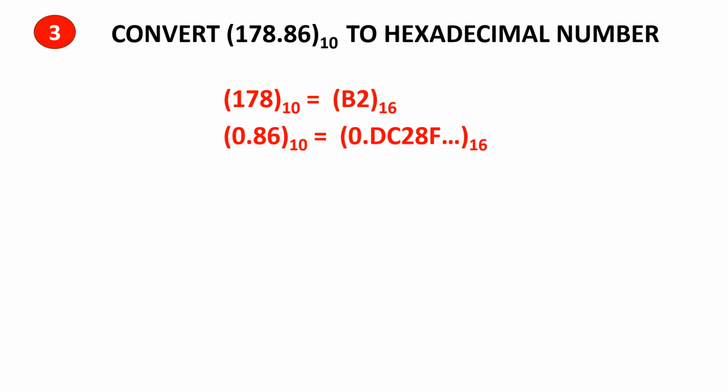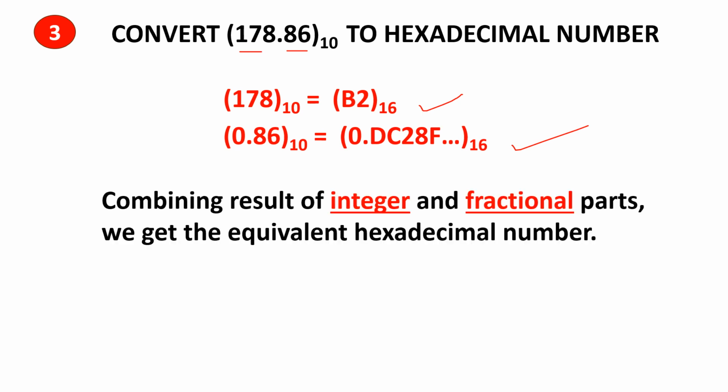Now we solved the integer part and the fraction part, and we got the hexadecimal numbers. This is for the integer part 178, and this is for the fraction part 0.86. Now we have to combine these two answers to get the equivalent hexadecimal number.